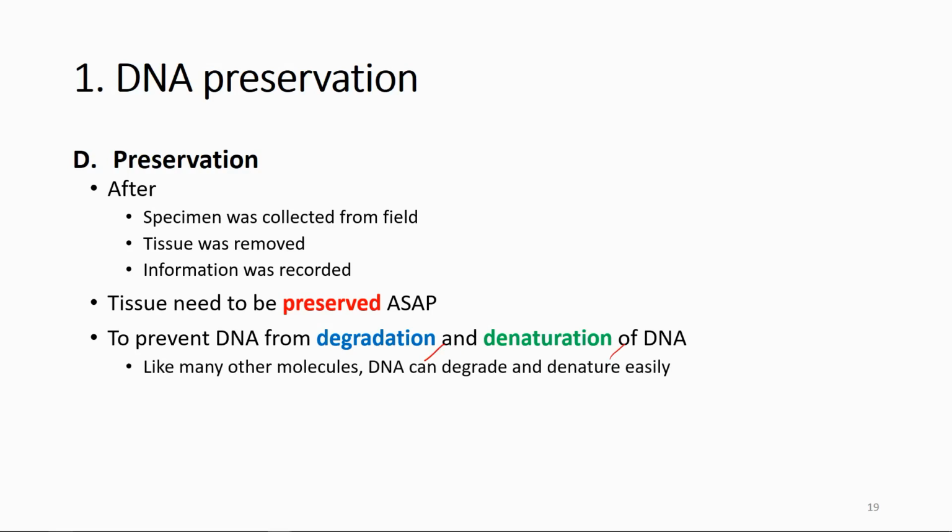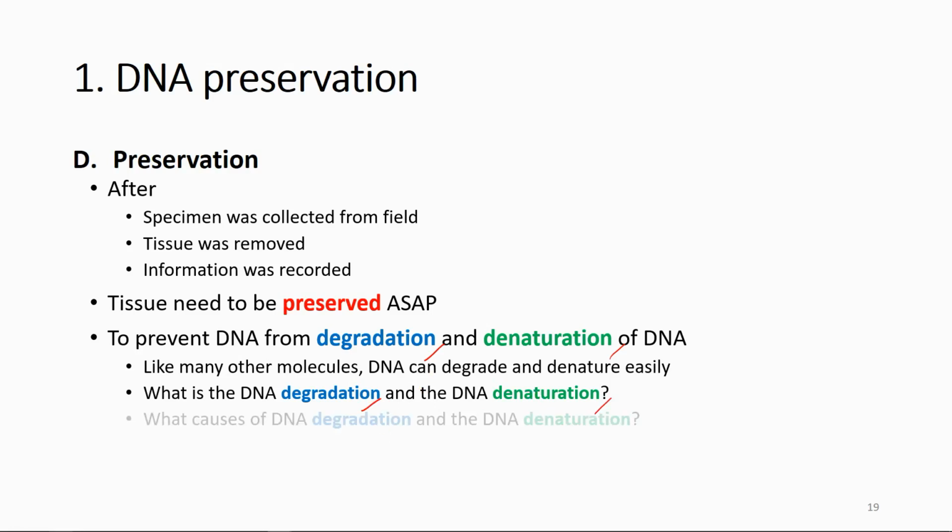DNA is a molecule like many other molecules. DNA can degrade and denature easily. Just now we talked about degradation and denaturation. Both are not good for DNA, but these are different types of damage on the DNA molecule.